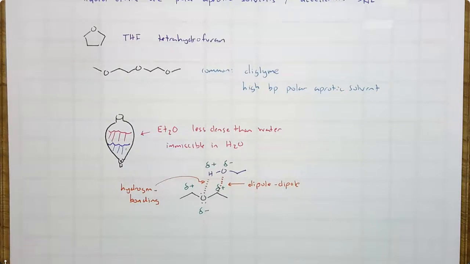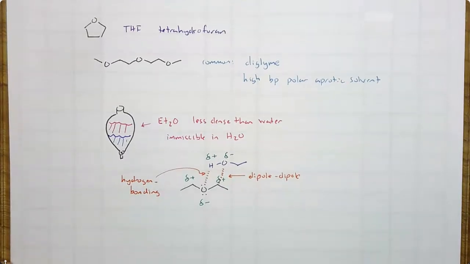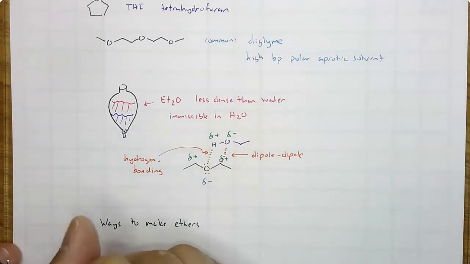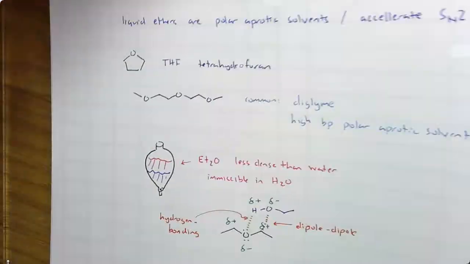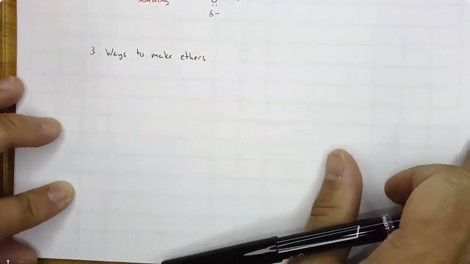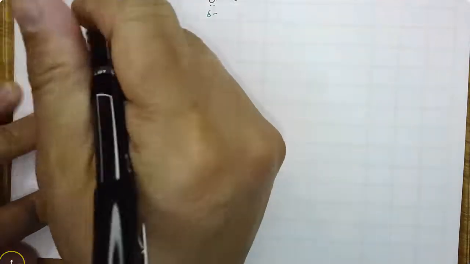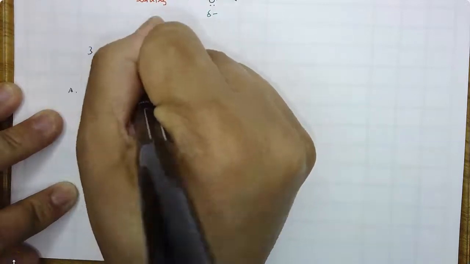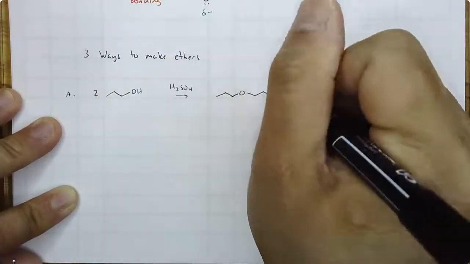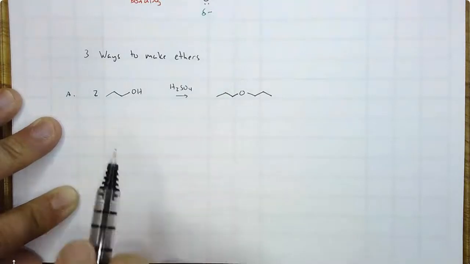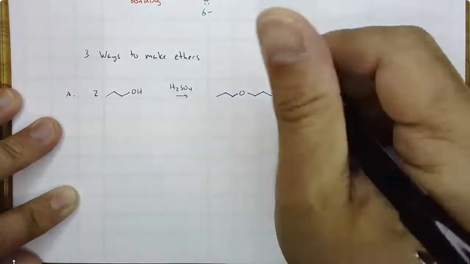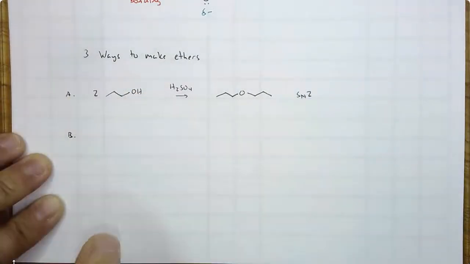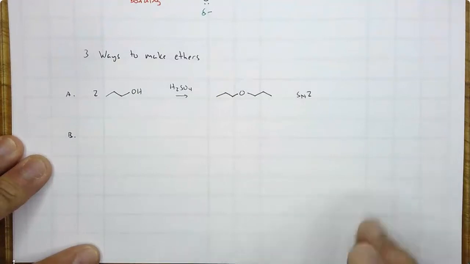I'm not going to do it in this video, but there are 3 ways to make ethers. First way is to link 2 alcohols, 2 of the same alcohols. So for instance, we'll call this A. There was a substitution, and that substitution, because it's primary, would be SN2. In the next video, I'll go over the mechanism for this.